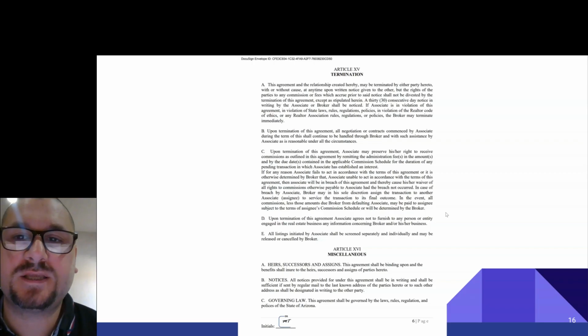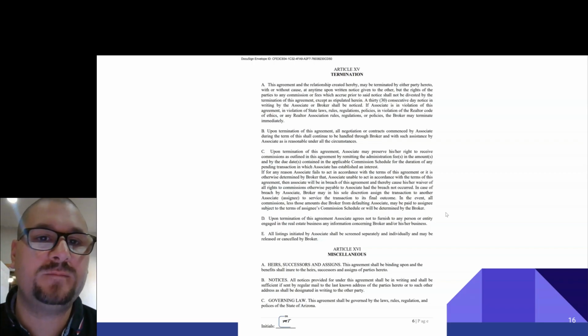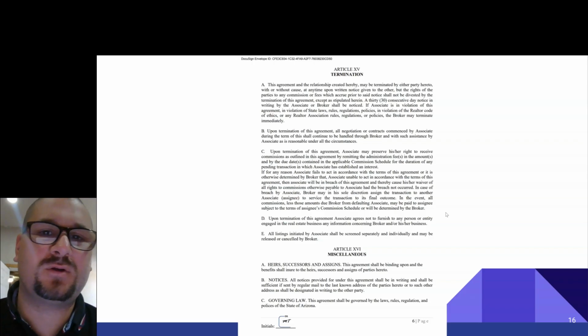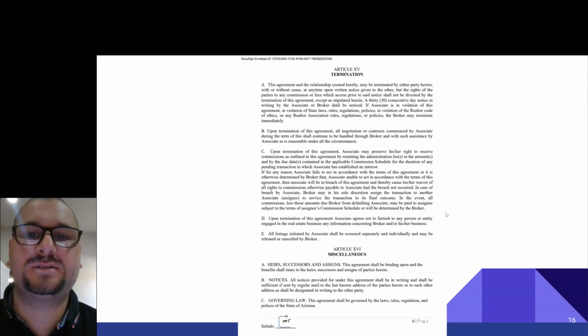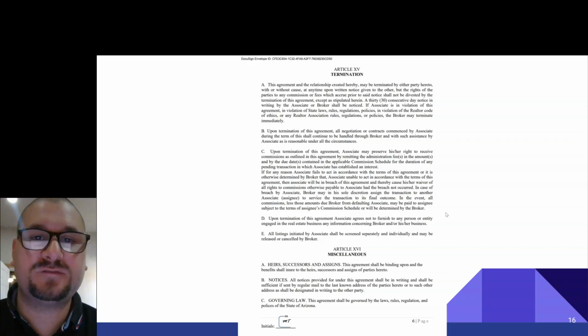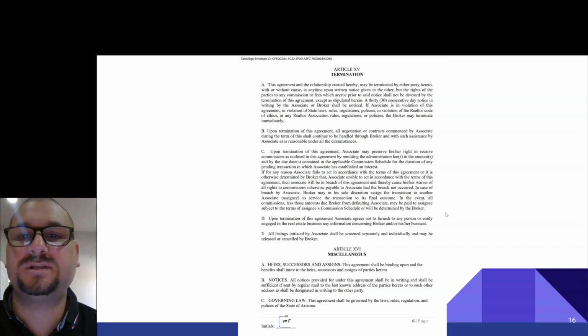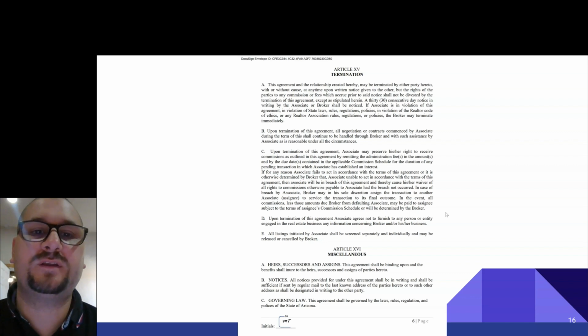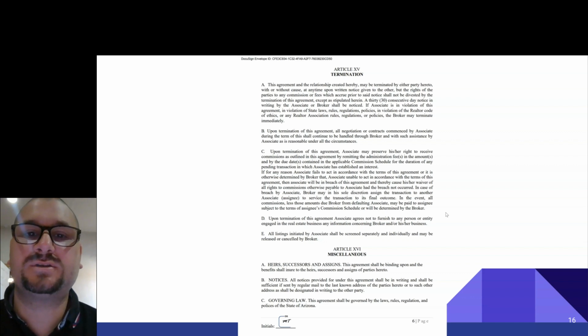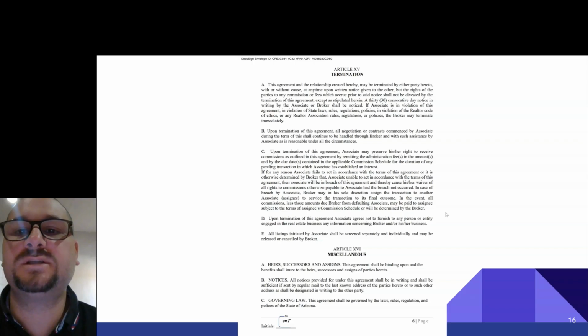A 30 consecutive day notice in writing by the associate or broker shall be noticed. If associate is in violation of this agreement, in violation of state laws, rules, and regulation policies, in violation of the Realtor Code of Ethics, or any Realtor Association rules, regulation, or policies, the broker may terminate immediately.